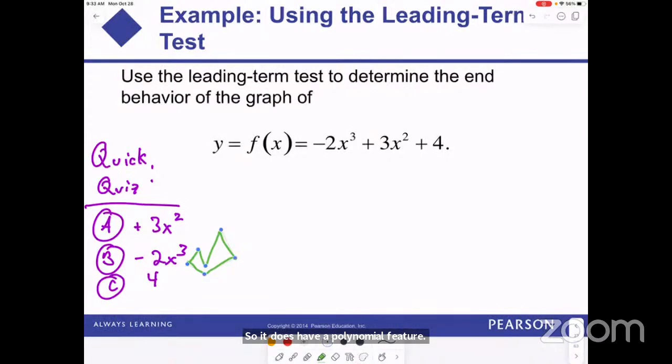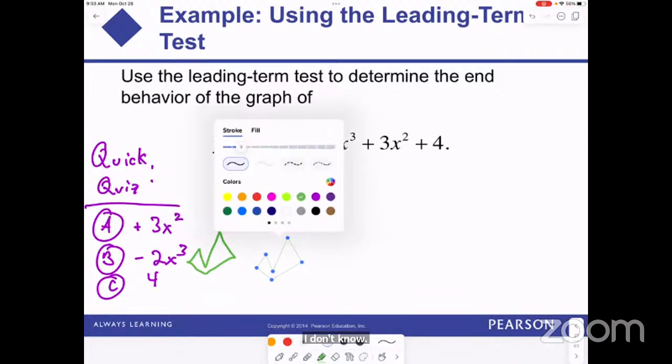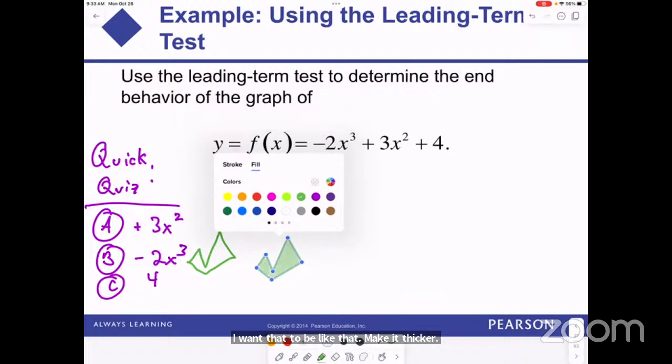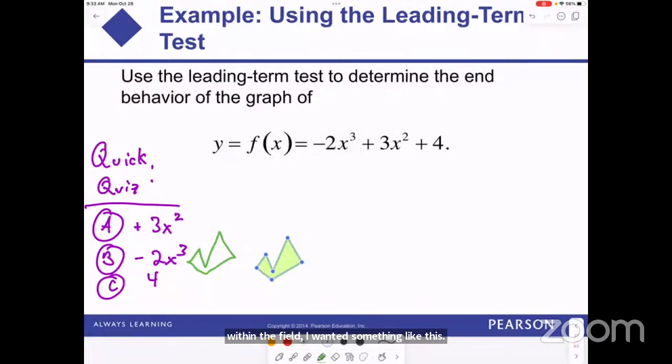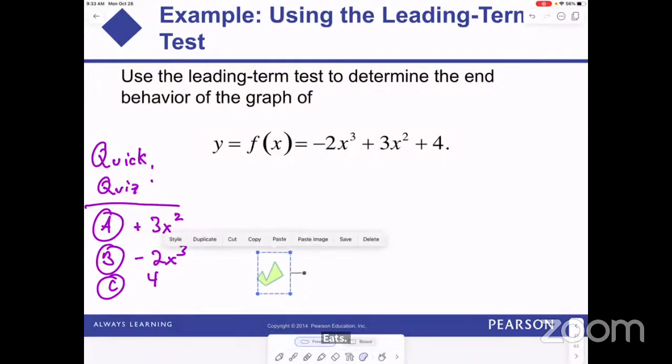Oh, did it do it? It did it. Okay. So then what I'll do, here we go. Let's go style. I want that to be like that. Make it thicker. But then the fill, I want it something like this. A bit lighter. We'll just go with that. That's fine. That'll work, right? It's weird, but whatever.